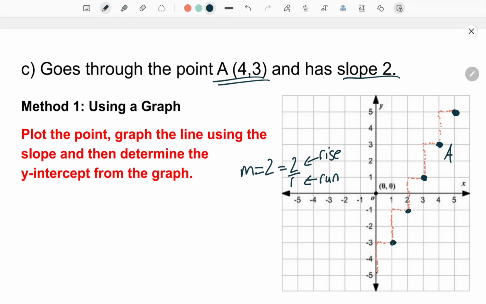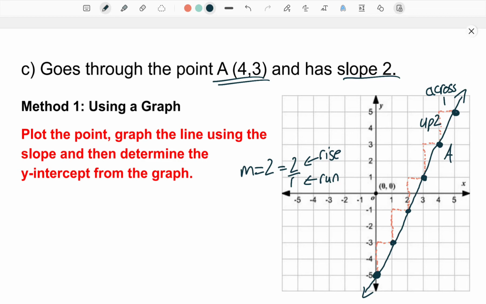And then we get to the y-axis. And so we can join up these points in a nice straight line. A ruler does wonders here. And there you have your line. So I'll just add here up 2, across 1. And you're doing that for the entire line.